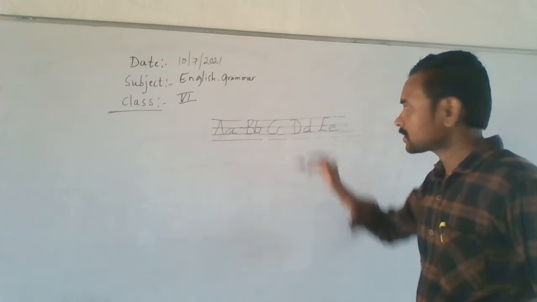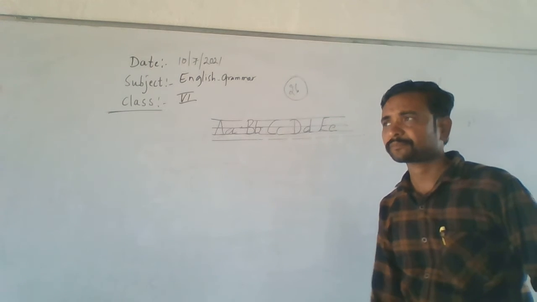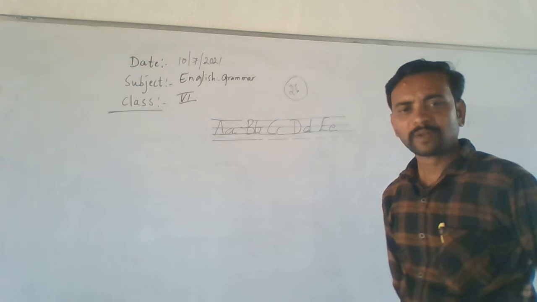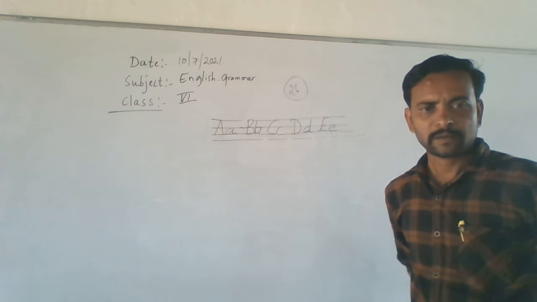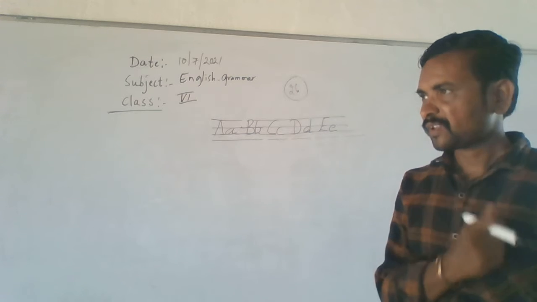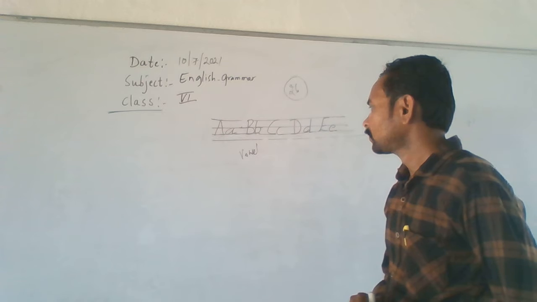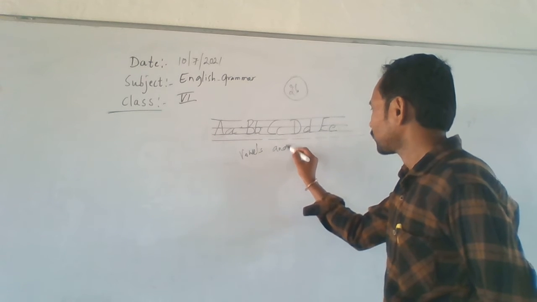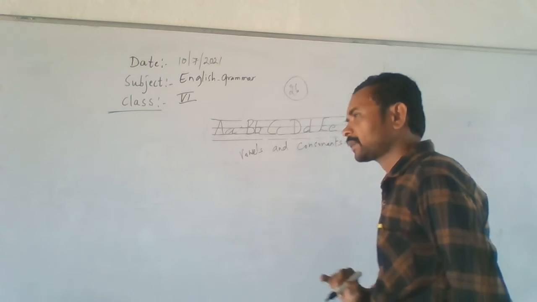So alphabets are 26. In the 26 alphabets, totally how many vowels and consonants? We make two sections: vowels and consonants. What are the vowels and what are the consonants?